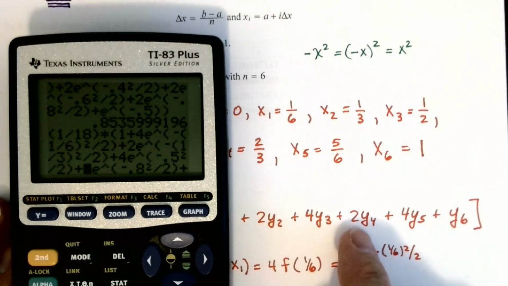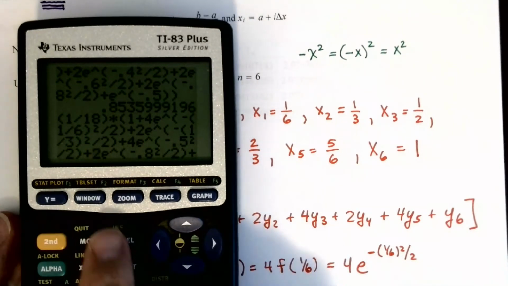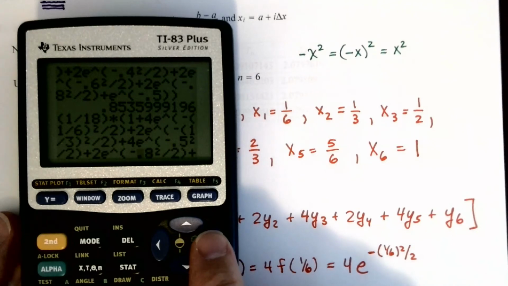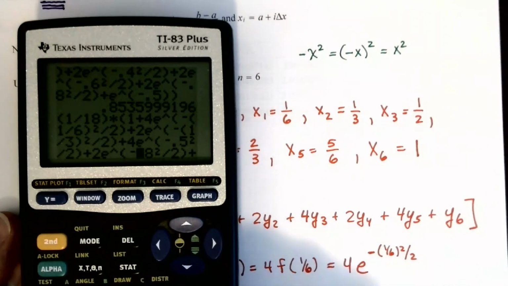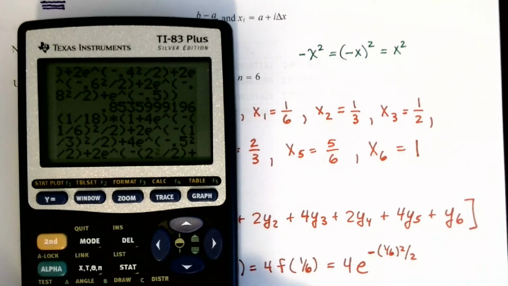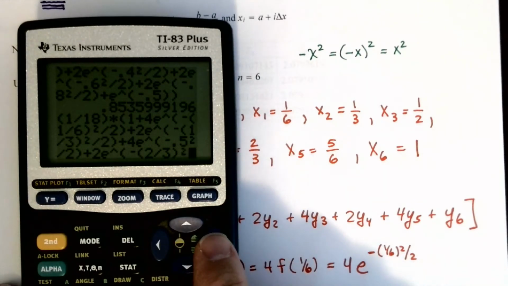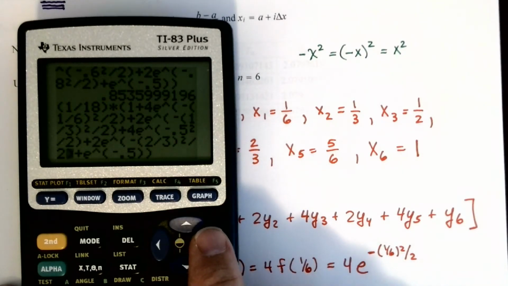Okay, and then 2y sub 4. X sub 4 is 2/3. So 2e to the negative, and here I'll need a parentheses, 2 divided by 3. Insert that, divided by 3, close the parentheses, so that's squared, divided by 2.